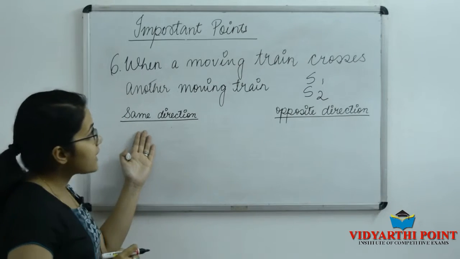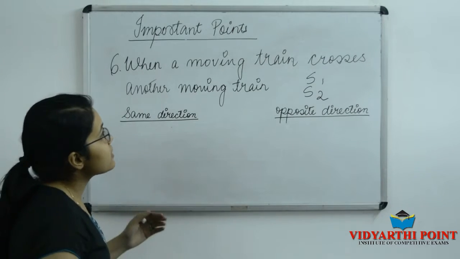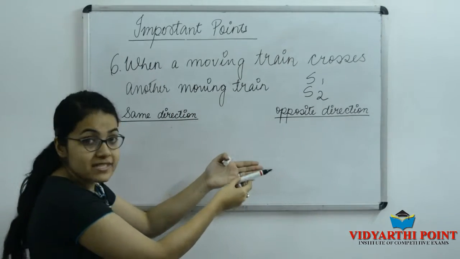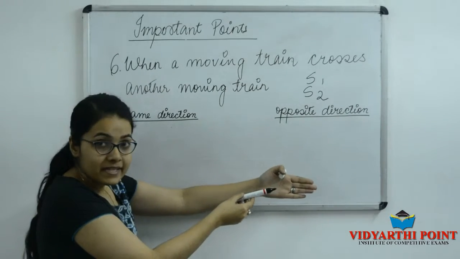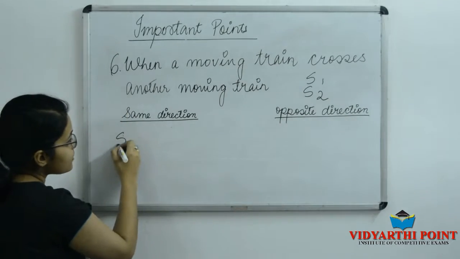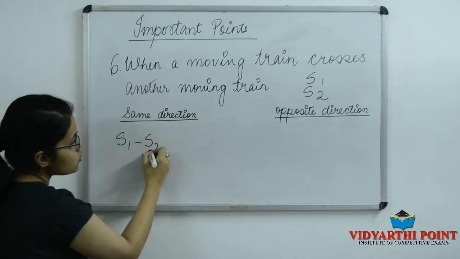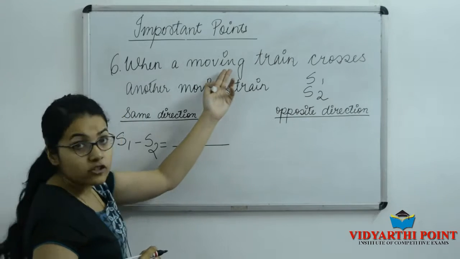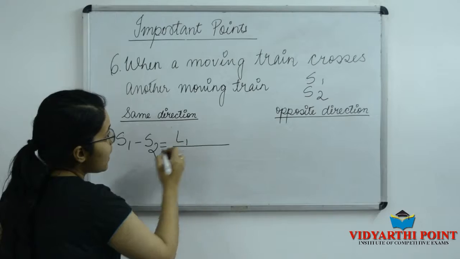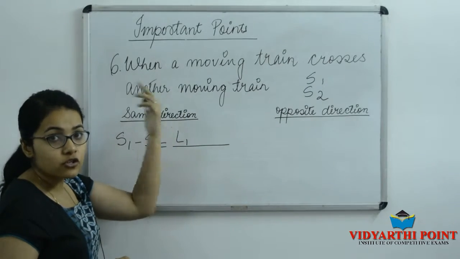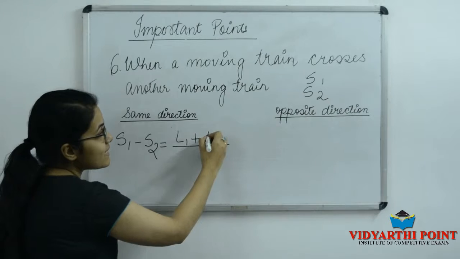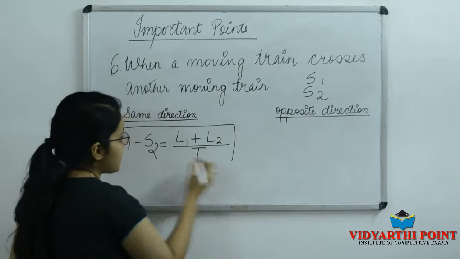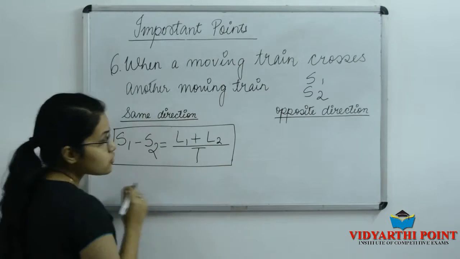Now if they are moving in the same direction, that is the moving train is going in this direction and the second train is in this direction, if it crosses in the same direction, then S1 minus S2, same direction, equals to length of the object 1, L1. Now since the second object is also moving, we have to take its length, that is L2 by T. This is the formula in case of same direction.